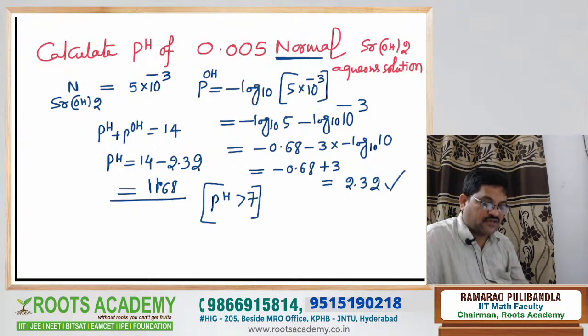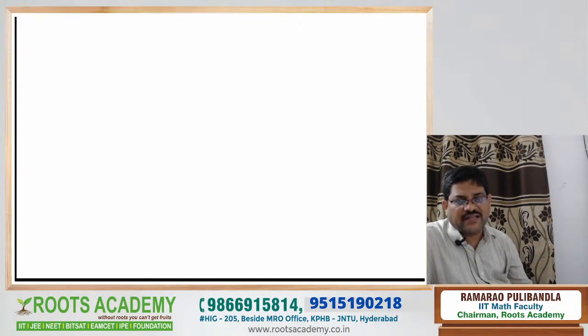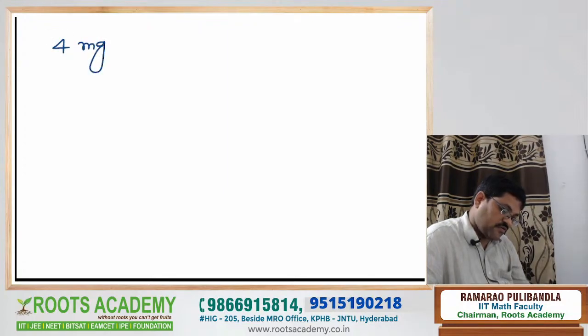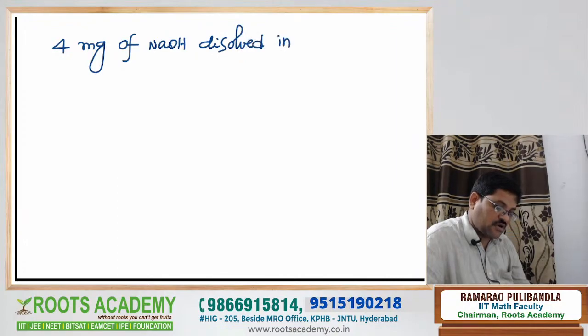And see the next question. The simple 2 marks questions are given like this. Right? So for example, a question is given like this. 4 milligrams of NaOH dissolved in water.